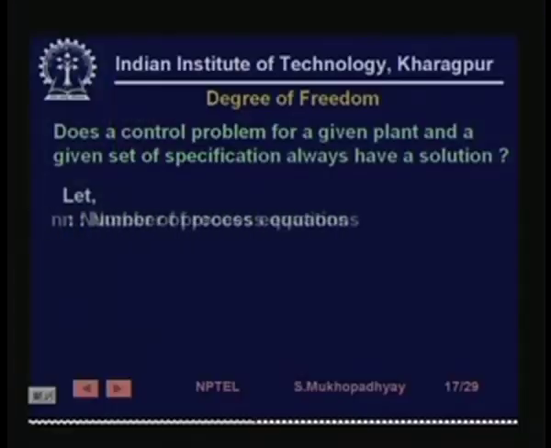Then given this situation, is it possible to independently set values for, let us say, some temperature and some level? So, such questions, what is possible, that is degrees of freedom, that is, what kind of control objectives are possible to achieve given the situation with control. So, that is very important to understand before setting the control objectives.